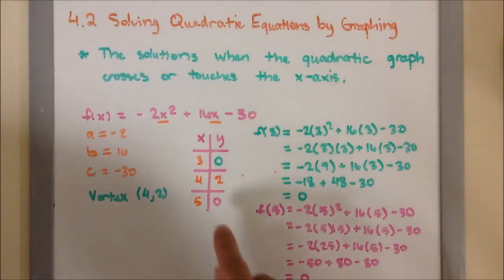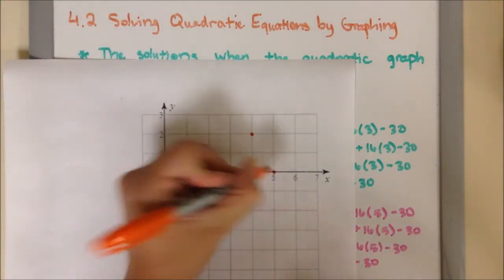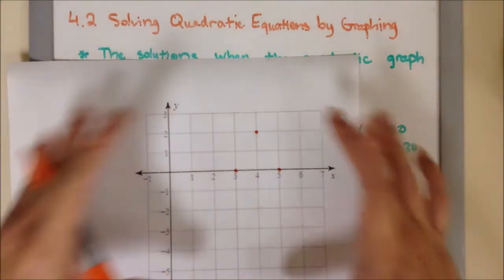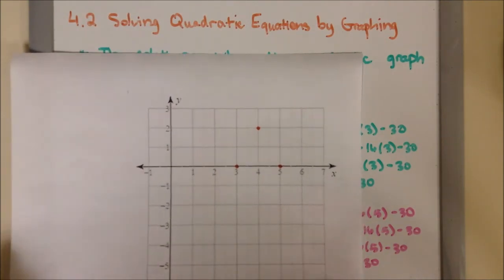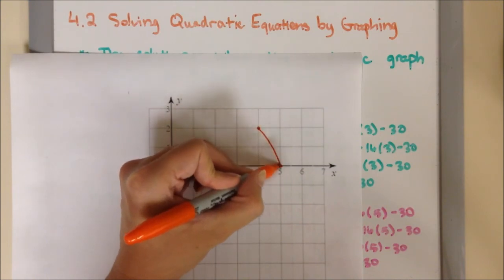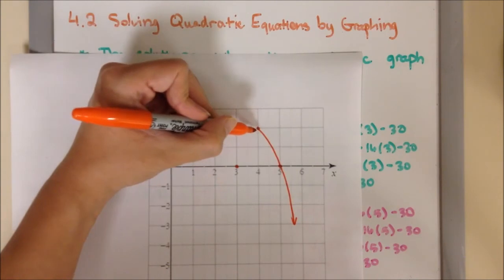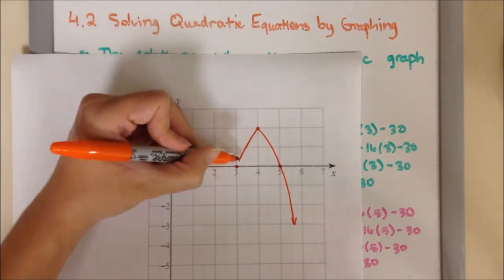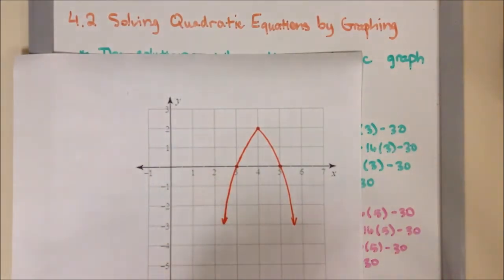And then the one on the right is 5, 0. So make sure to have a picture of a graph like this. It doesn't have to be detailed as long as you understand the important concept. So I'm going to graph, starting from the vertex, going to the point on my right like this. And then going from the vertex to the point on my left will be something like this. Again, it does not have to be perfect. Just has to be close to it, and then understand the concept.